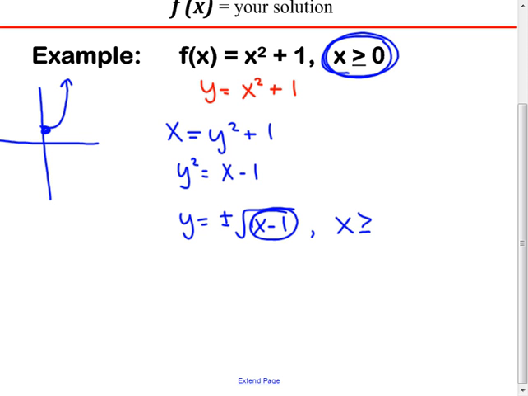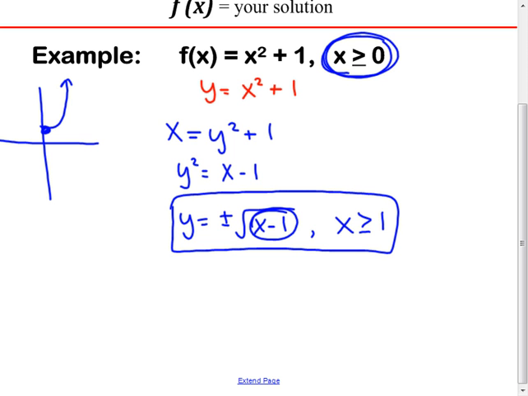So your x values have to be greater than or equal to 1. I couldn't plug in 0 for x because 0 wouldn't work. So that is not going to happen. So this is your inverse. But again, you have to restrict your intervals so that your x value can only be greater than or equal to 1. Okay?